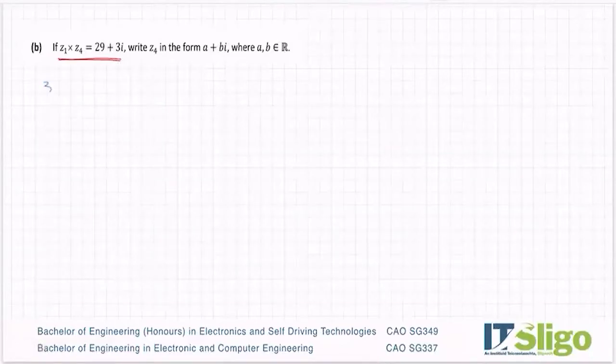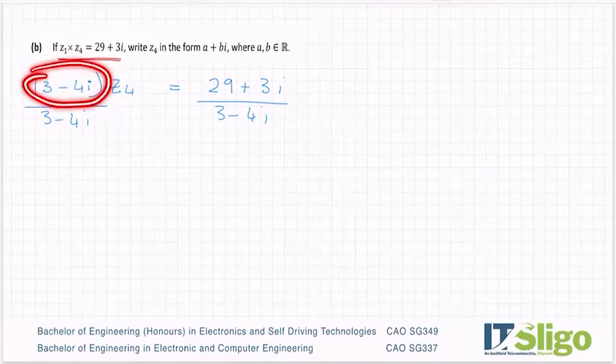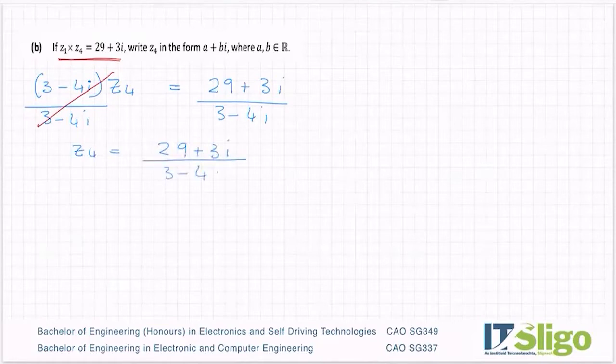So 3 minus 4i times z4 is equal to 29 plus 3i, and I have to find z4. I would divide both sides by 3 minus 4i, in other words, divide by the number in front of the letter that you want, just like in any other algebra question. They will cancel, and you're left with z4 being equal to 29 plus 3i over 3 minus 4i.